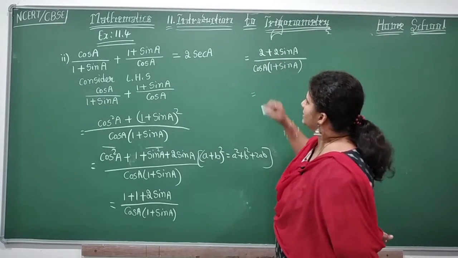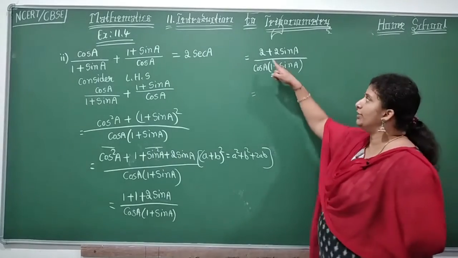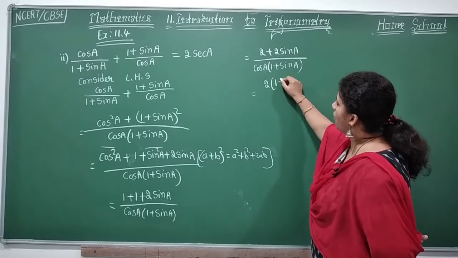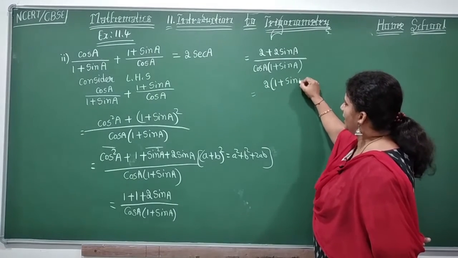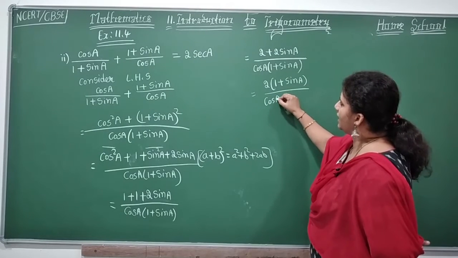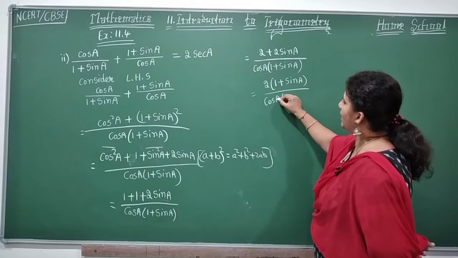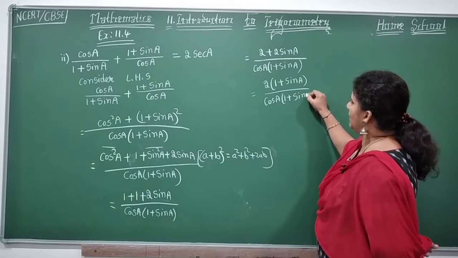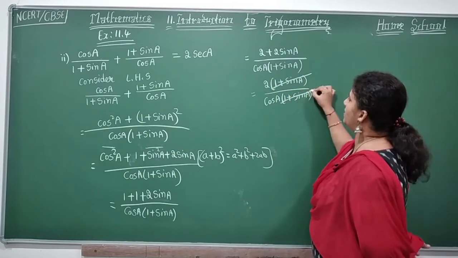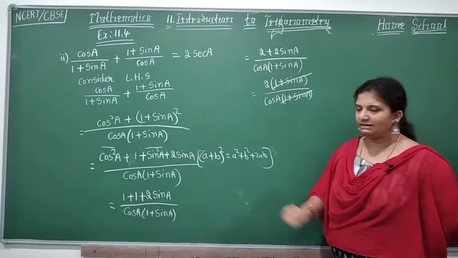Okay. Now you can see something here children. In your numerator 2 is common. So take out 2 common: 1 plus sin A by cos A into 1 plus sin A. Okay. So now 1 plus sin A, 1 plus sin A will be cancelled.